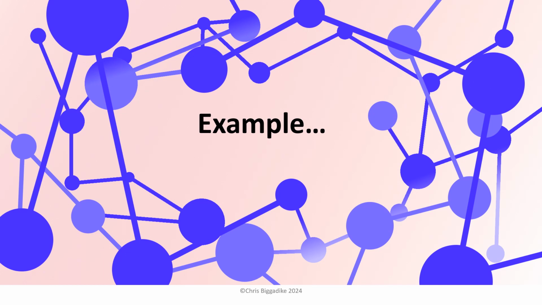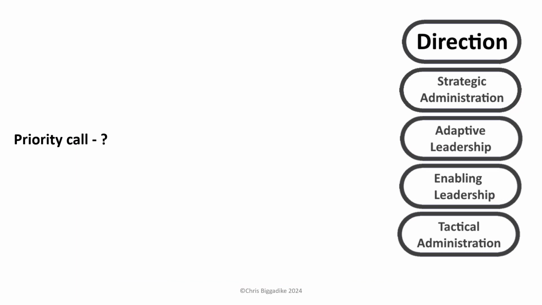Let's have a look at an example to clarify the ways that the leadership modes interact with decision making. So you need to make a priority call, and you might be wondering where in the leadership modes that fits.